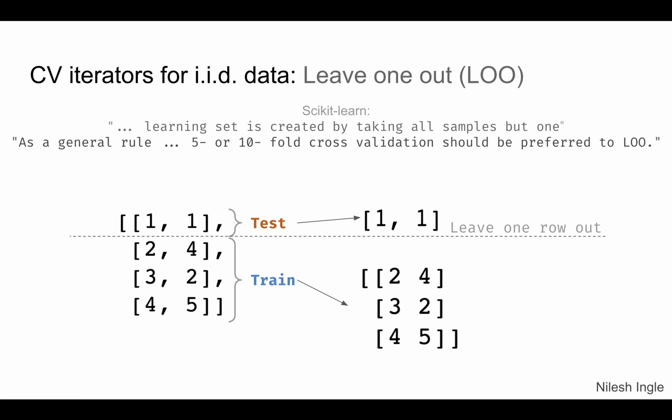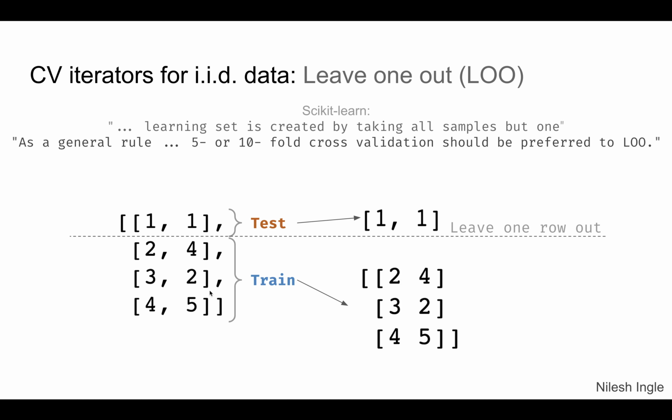Now moving on, let's look at the LeaveOneOut method. So this is a very simple method. The idea is shown here. Let's say we have this data set that has 4 records and 2 columns, so 2 features. When we split this data set using the LeaveOneOut method, we leave the first record for the test set, and then we put everything else as a train set.